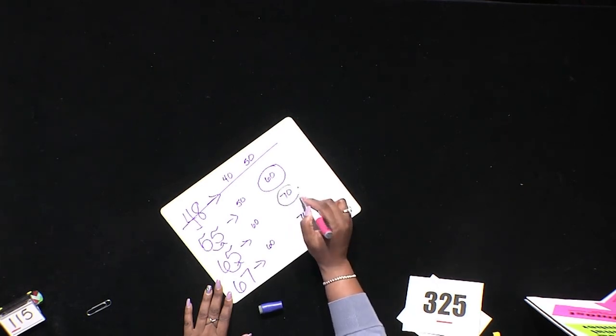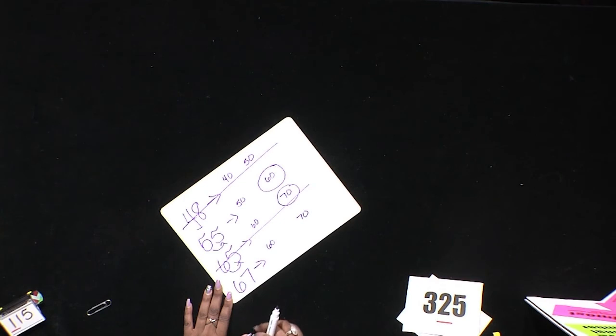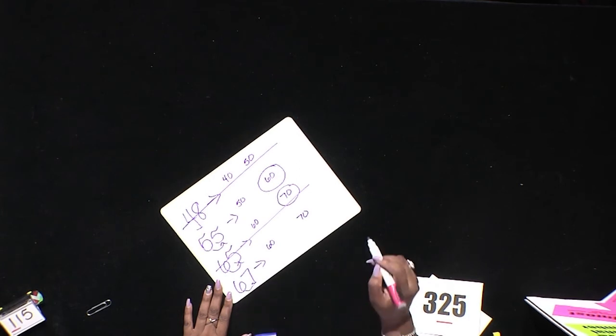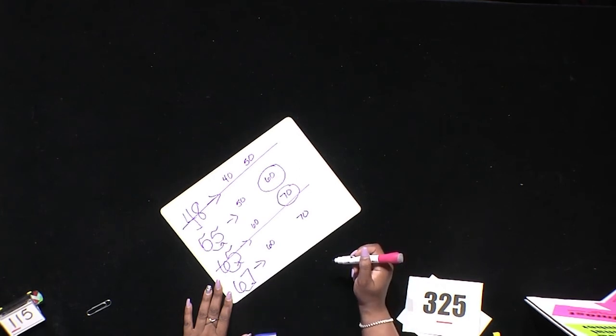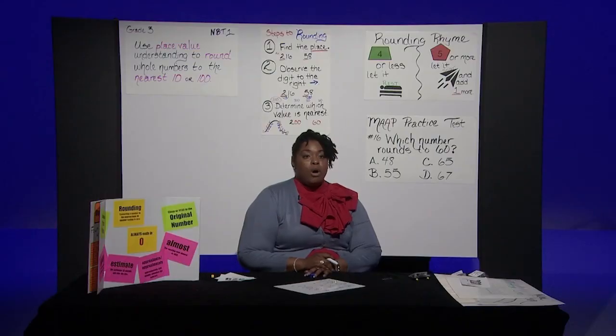So that would be 70. So C does not work. What about 67? That 7 also would be on the other side of the roller coaster, and that would give me 70.